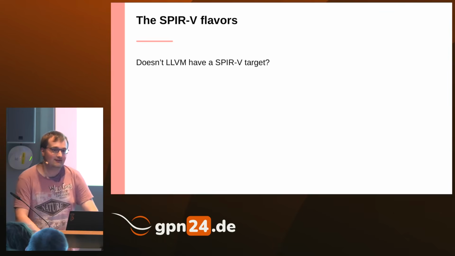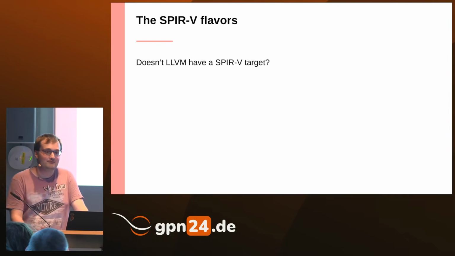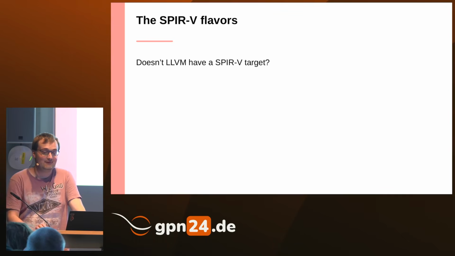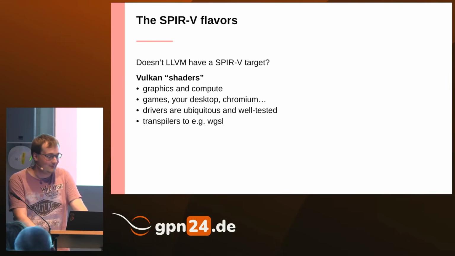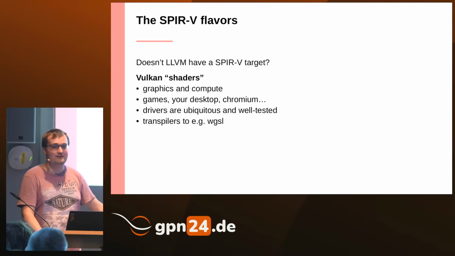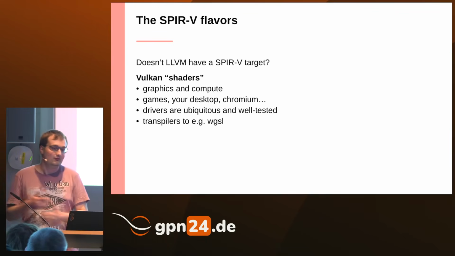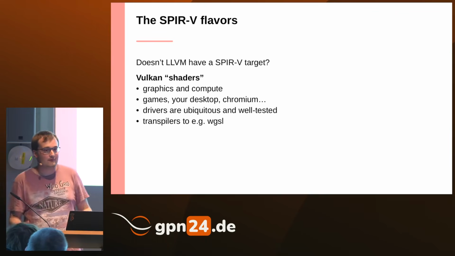But there's probably going to be some people in the audience who ask themselves, well, doesn't LLVM have a SPIR-V target? And you would be correct. LLVM does have a SPIR-V target. And we need to talk about the different SPIR-V flavors. There's one flavor which is basically Vulkan shaders. This is what supports graphics and compute, and you're using it, your games are using it, your desktop's using it, your Chromium even has a Vulkan variant.